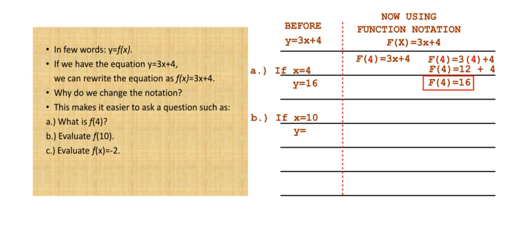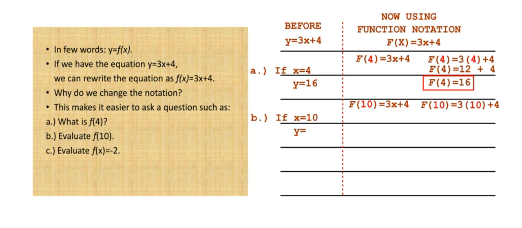B. If x equals 10, then y equals, it looks like we know the x value again. So B format said evaluate f at 10. So f at 10, the x value, notice x is represented inside the parentheses. The y value is on the outside. So we're going to substitute the 10 wherever we have an x value. There's our x.